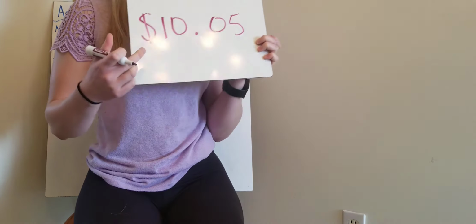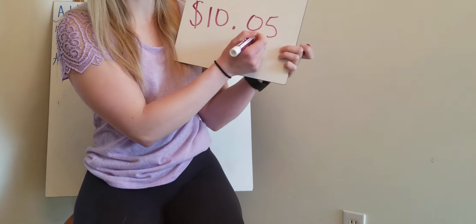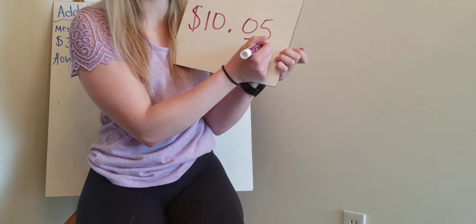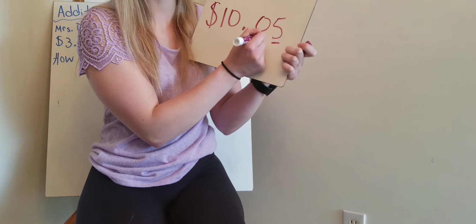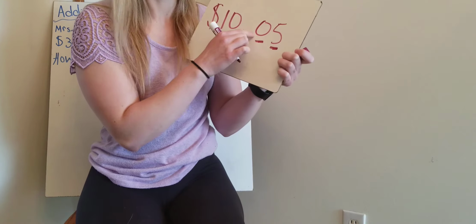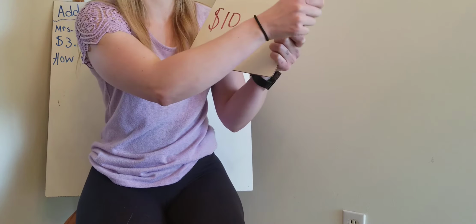This one says $10.05. Remember that on this side of the dot, we always have to have two numbers, okay? We always have to have two numbers for the cents part. So even if it's only 5, we have to put a 0 first just to have those two places. So this would say $10.05.